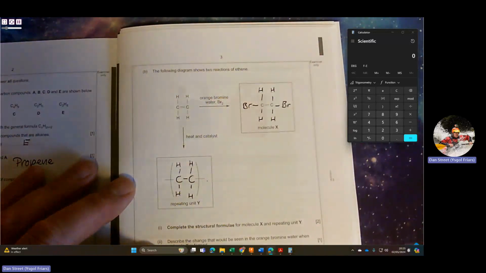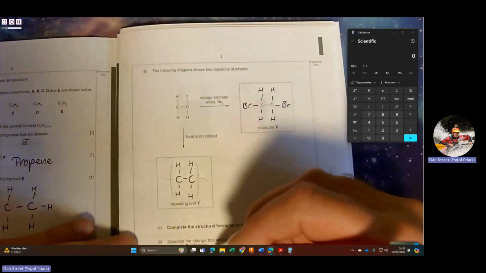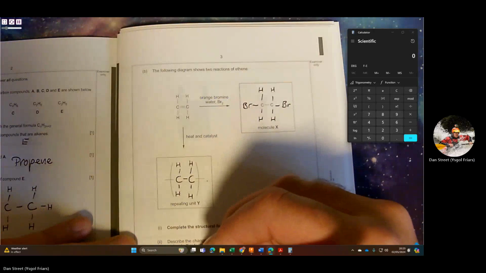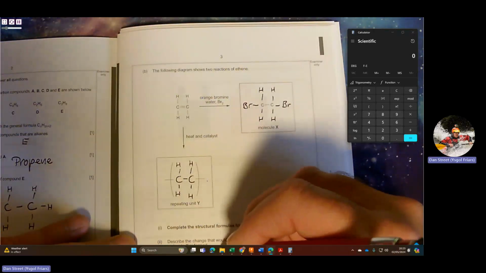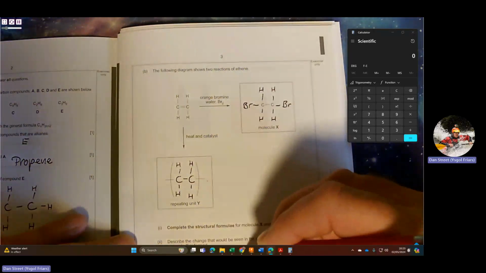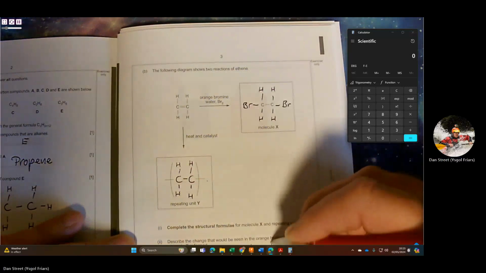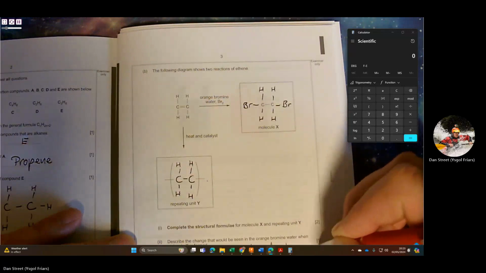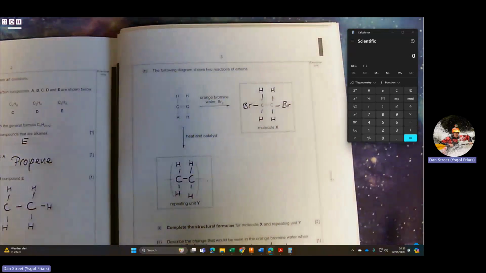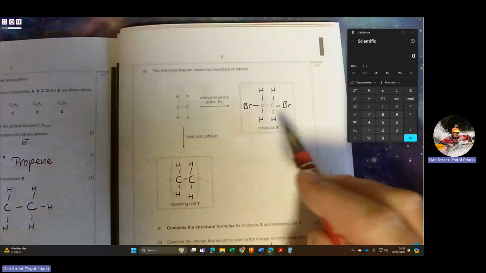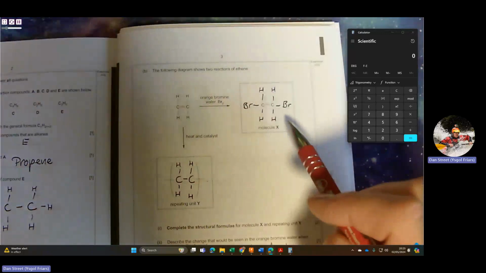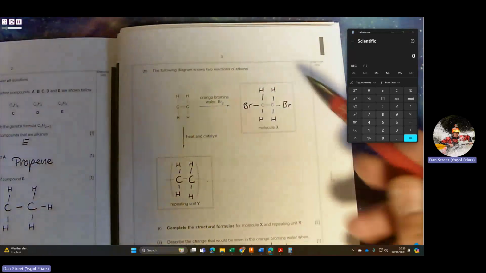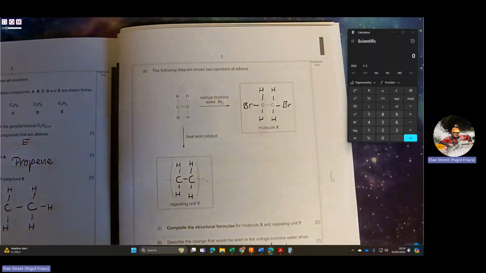Describe the change that would be seen in the orange bromine water when molecule X is formed. The best word to use there is that the bromine water decolorizes. So when the bromine water becomes part of the 1,2-dibromoethane, basically the color of the bromine disappears.